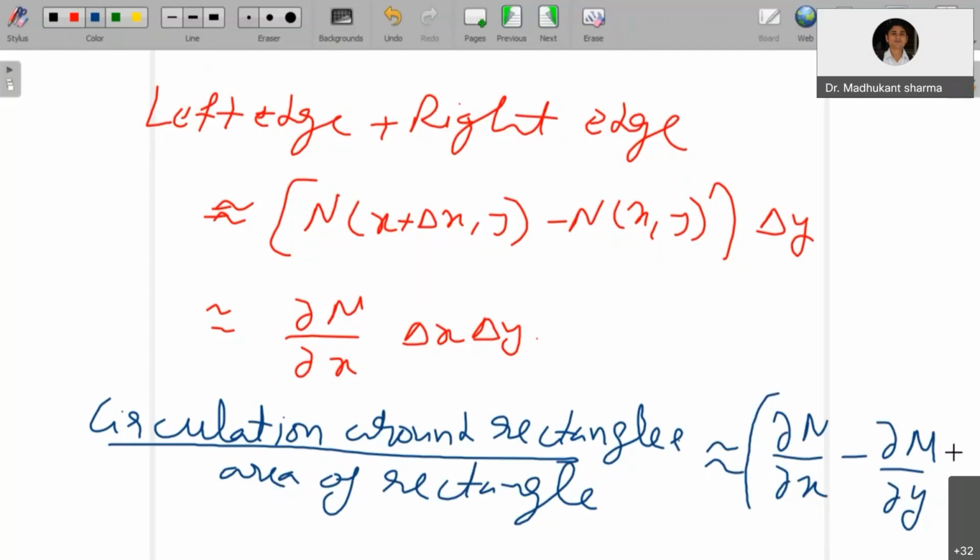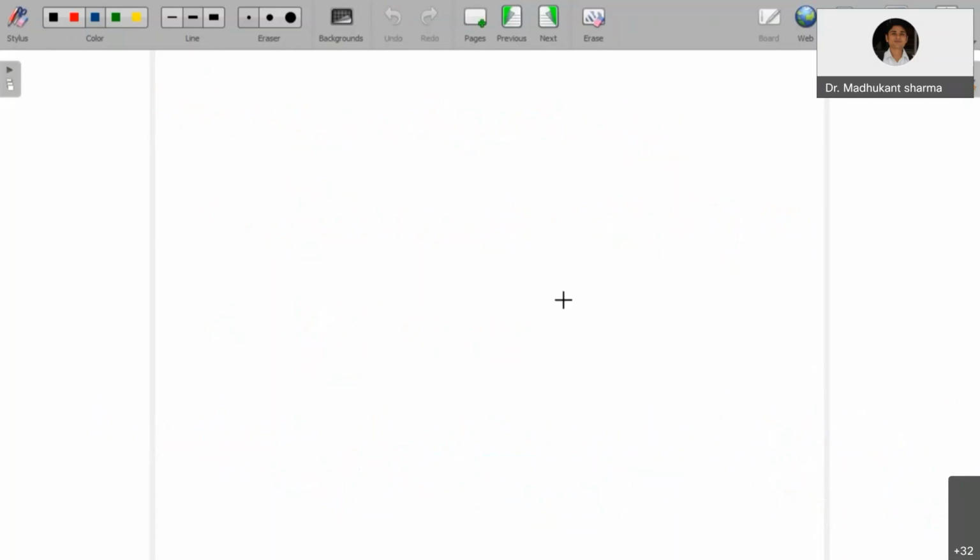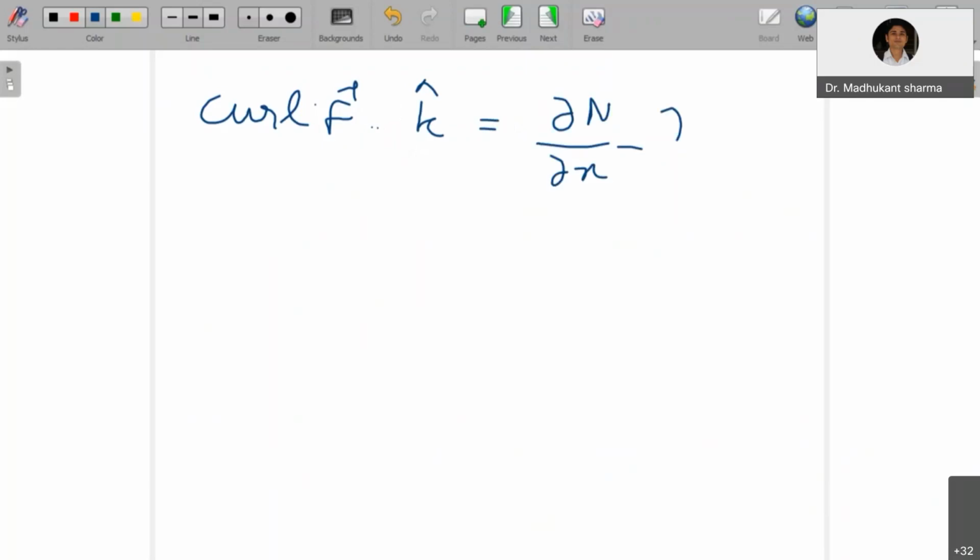Later on you will see that this is going to be the k component of the curl of the vector field F. Suppose I define this curl of F, and the k component can be obtained by taking the dot product with k, which is given by dou N by dou x minus dou M by dou y.